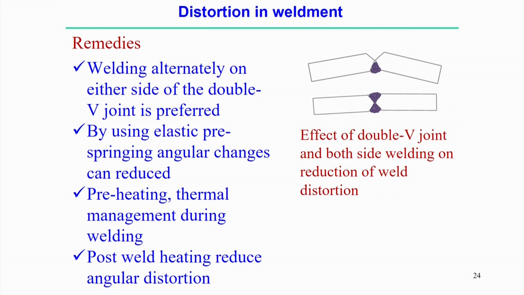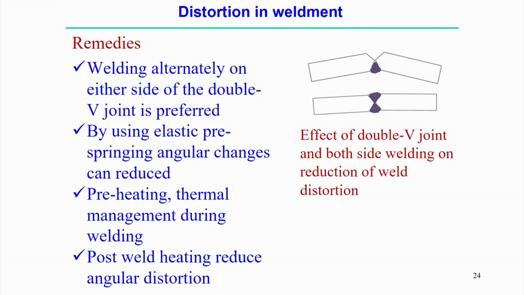Now, another type of methodology also exists to reduce the amount of the distortion. If we simply look at this figure, the presence of only a single V, that means one-sided welding, will in most cases definitely produce some angular distortion. Specifically, angular distortion mainly happens when the thickness of the plate is relatively high.